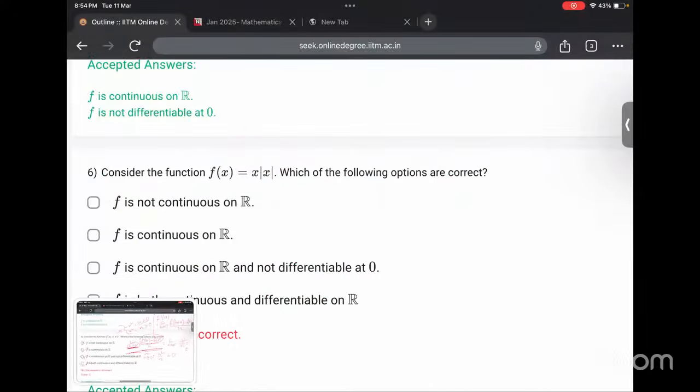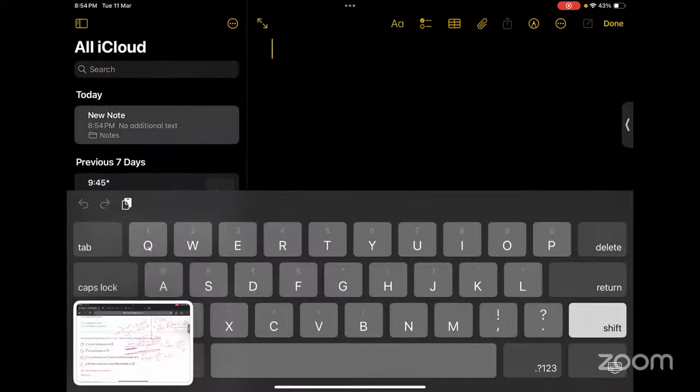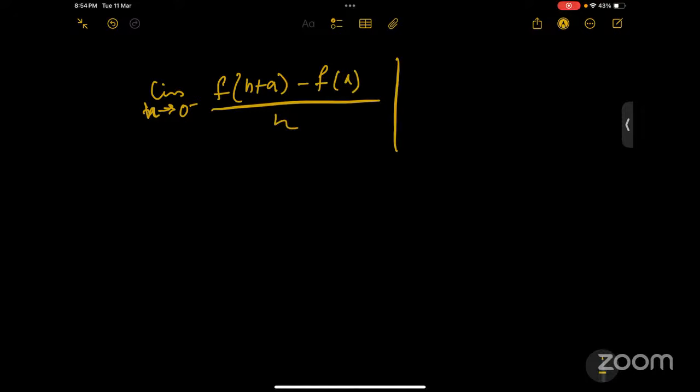Since you just asked about it, let me briefly describe. When we are checking the left hand derivative, we can write it as the limit as h tends to 0 minus of f of h plus a minus f of a by h. Also, we can express it as the limit as h tends to 0 of f of a minus f of h minus a by h.